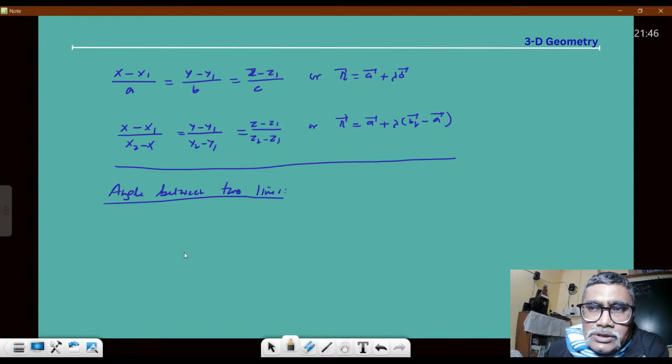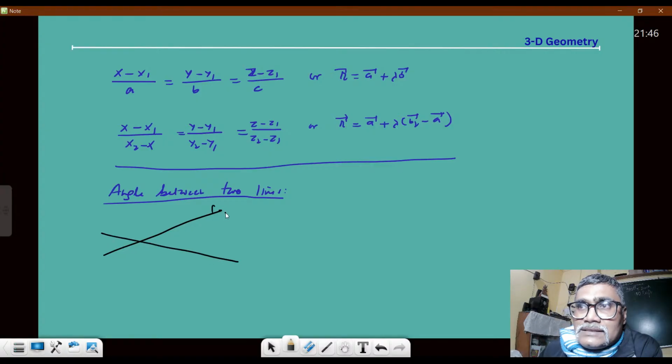So the angle between the two lines is nothing but the angle between the two vectors to which they are parallel. Just say for example, if I have two lines, the first line is r vector equal to a1 plus lambda b1, and the second is r equal to a2 plus mu b2.